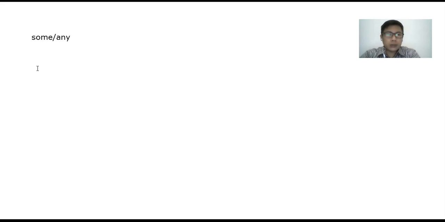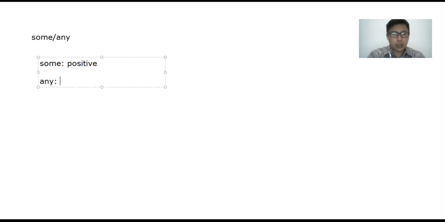Okay, so what is the difference between some and any? Now, this is not about countable and uncountable. I've checked it. So it can be used in both, either it's countable or uncountable. But the difference is about whether it is in the affirmative sentence, the negative sentence, or a question. For some, it's in the positive sentence, and for any, it's in the negative sentence and questions.